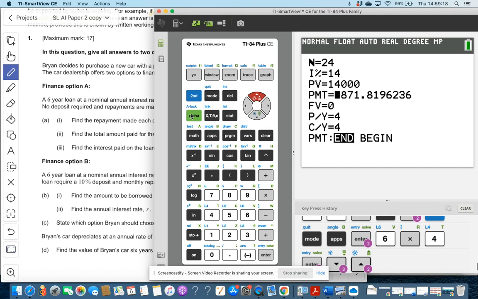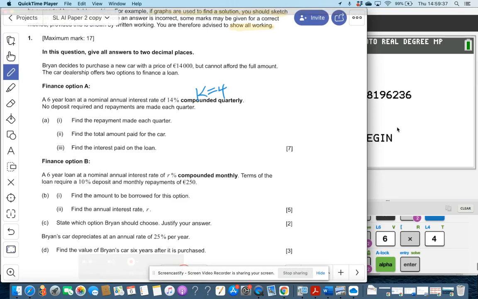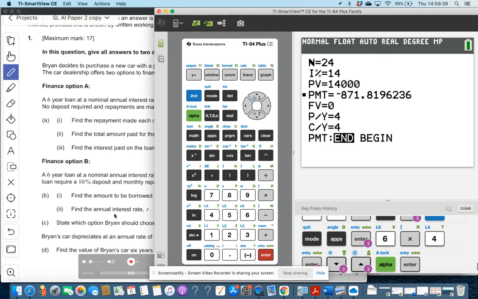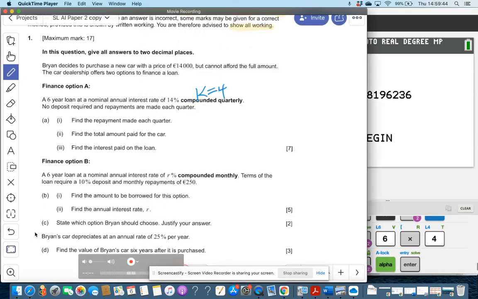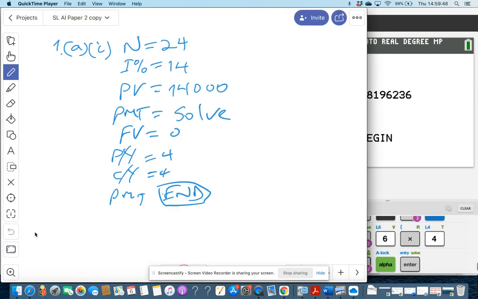And then after we do that, we solve. So we go to alpha, solve, and then that gives us our payment of 871. Now, again, it says here, answer all questions to 2 decimal places. This is money. So every question here in 1 has to be answered to 2 decimal places. Okay, so let's write down our workings. I started already.